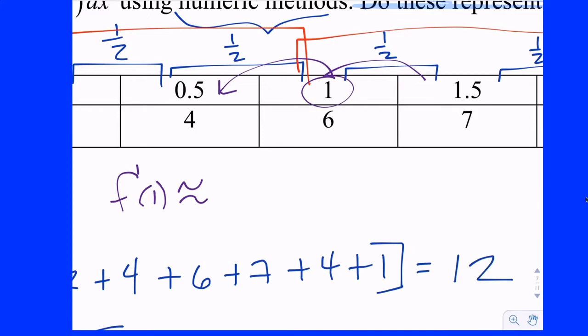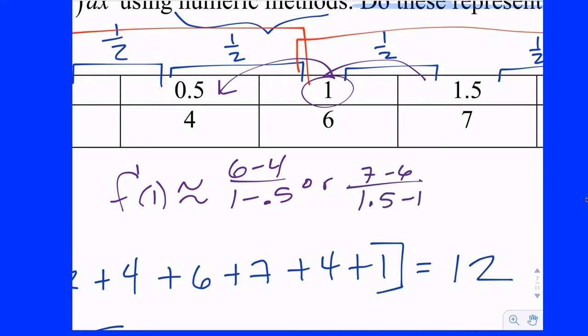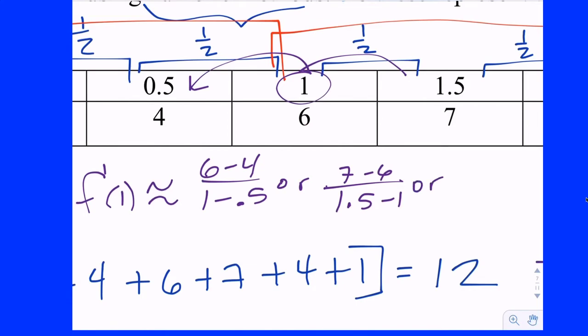So you could say it's, now I'm not going to use f of 1. I'm going to go straight to the y values. It's going to be either 6 minus 4 over 1 minus 0.5, or it's going to be 7 minus 6 over 1.5 minus 1. Or you could use the 2 on either side. You could say 7 minus 4 over 1.5 minus 0.5.